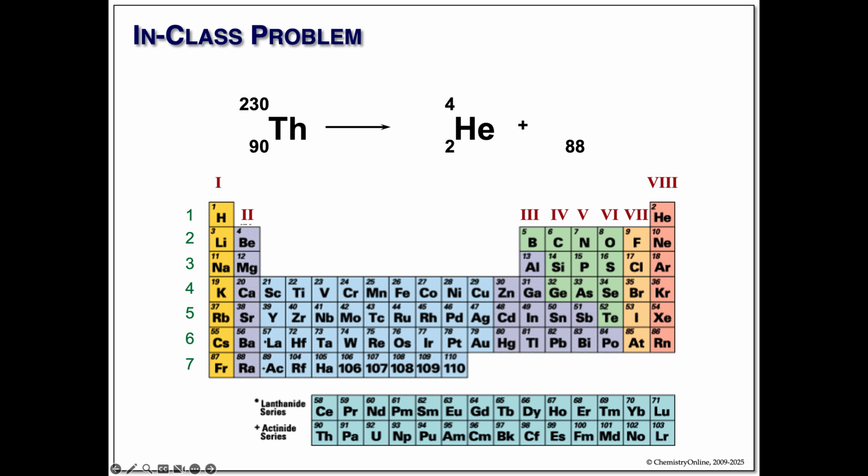Now it's in the actinide series, so actually on the table it slips in here after actinium. When we go down to 88, we are here at radium. The mass number, 230 minus 4, 226. We have made radium-226. Any questions?